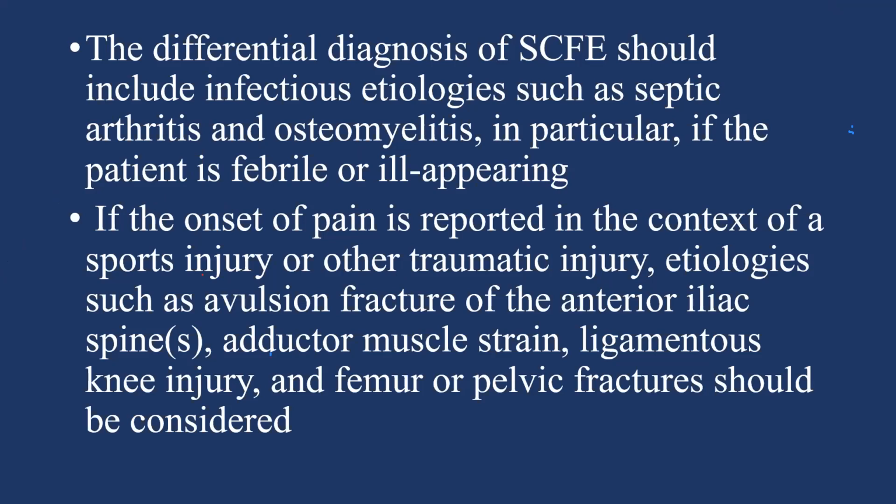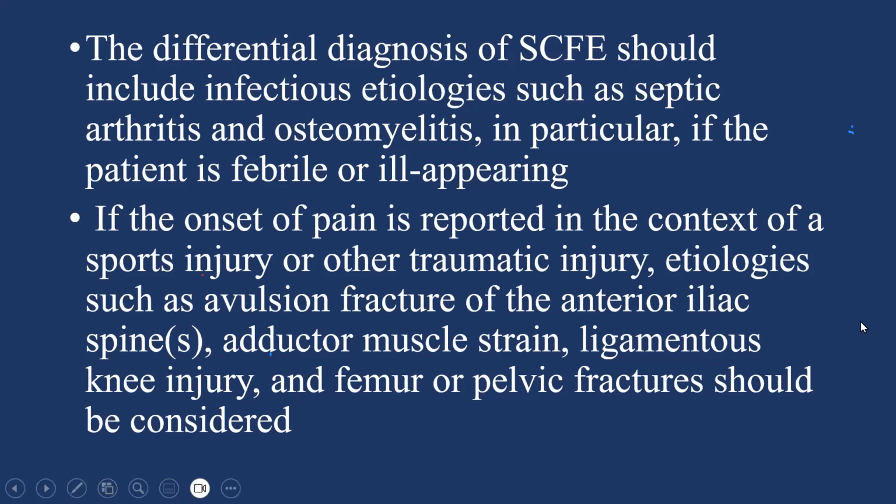If the onset of pain is reported in the context of sports injury or other traumatic injury, etiologies such as avulsion of the anterior iliac spine, adductor muscle strain, ligamentous knee injury, and femur or pelvic fractures should be considered. So keep this. You have to learn a differential diagnosis.